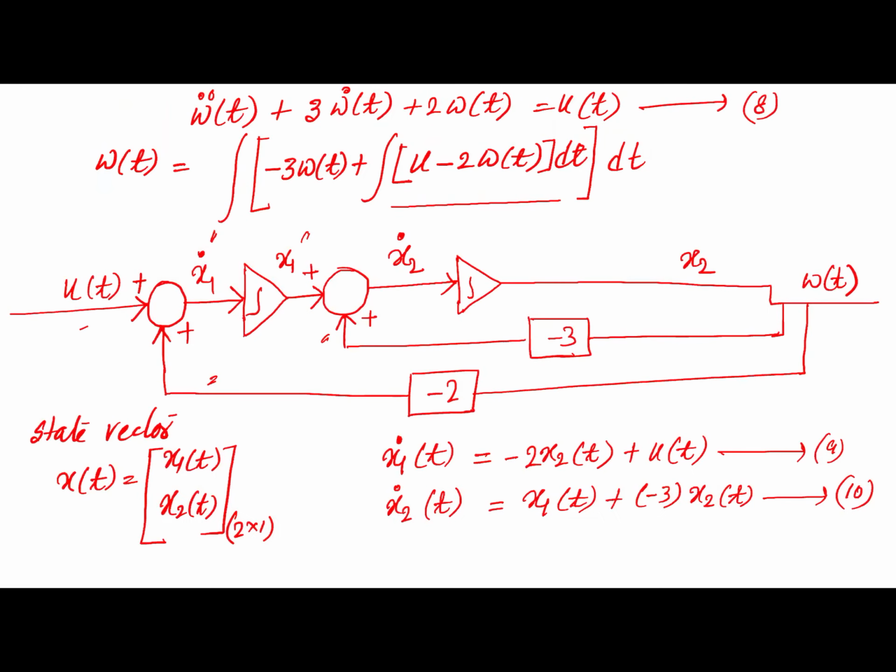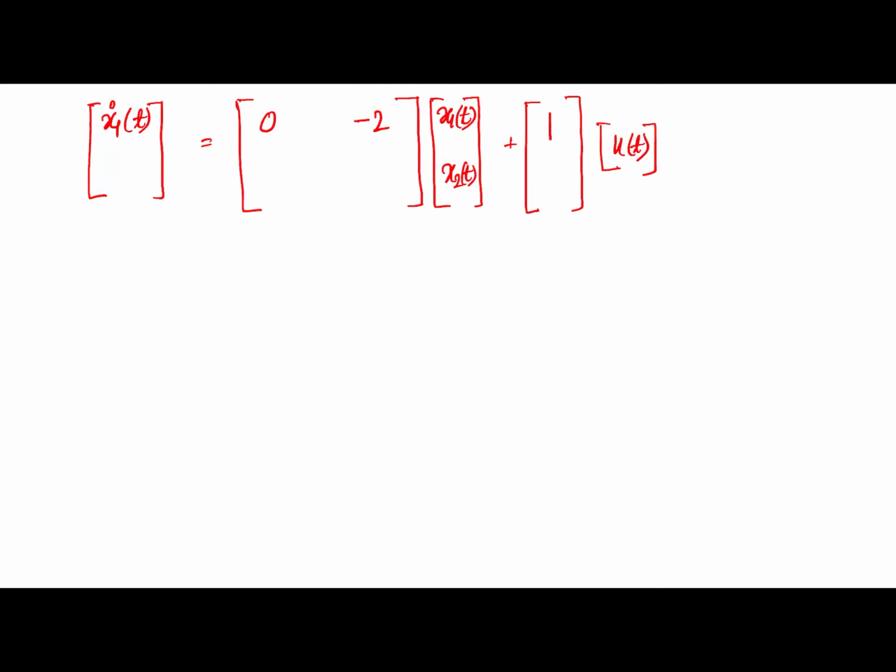And the second state equation is x2 dot equal to x1 minus 3 times of x2. So x2 dot equal to 1 times of x1 and minus 3 times of x2 plus 0 times of u. This is the state equation in observable canonical form.